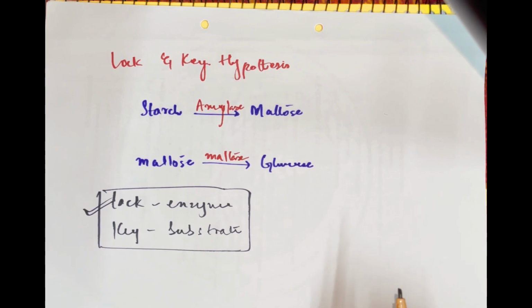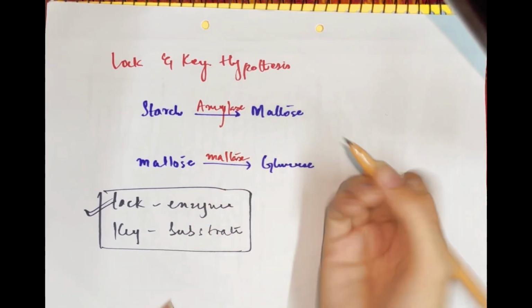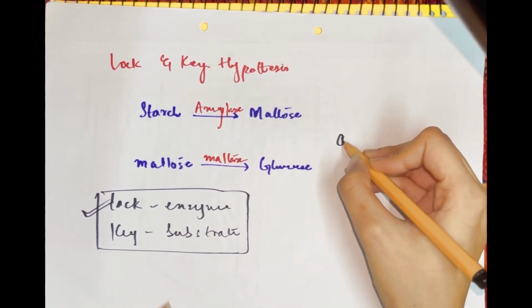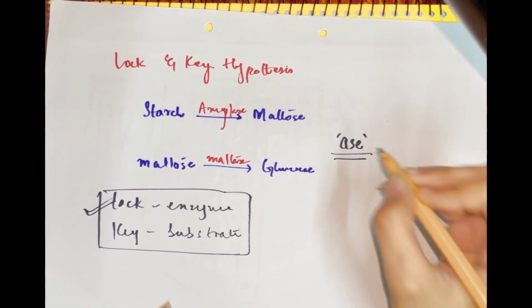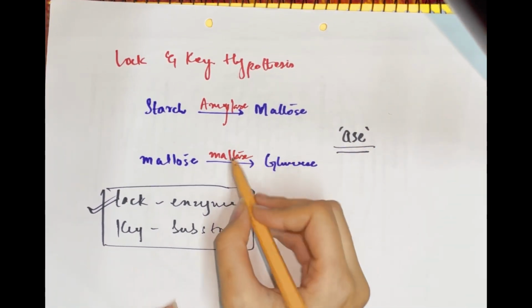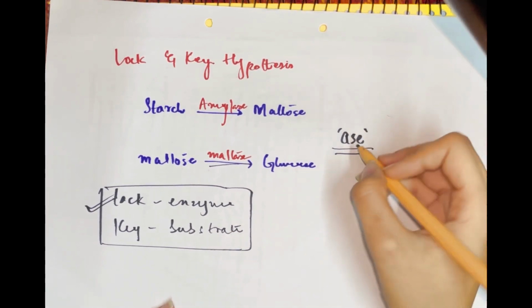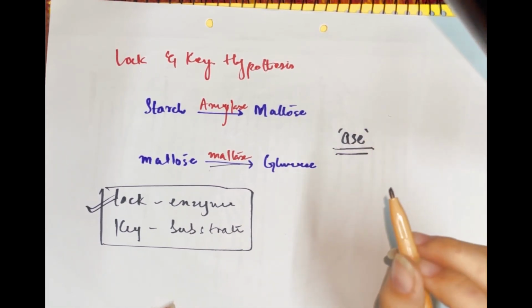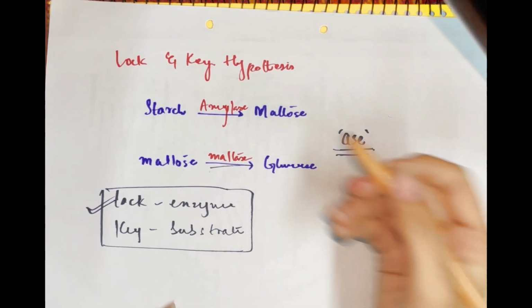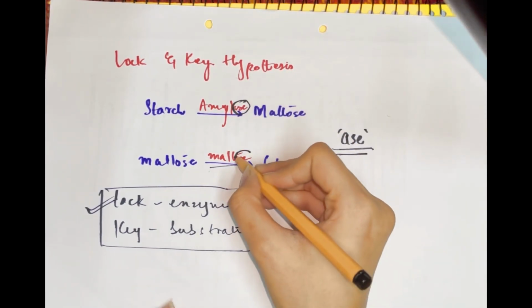When we say the lock is an enzyme, that means, as we already know, that an enzyme has "ase" in it. If you don't remember, an enzyme is always written on the arrow, and we also remember that the term "ase" is always added to an enzyme: amylase, maltase.